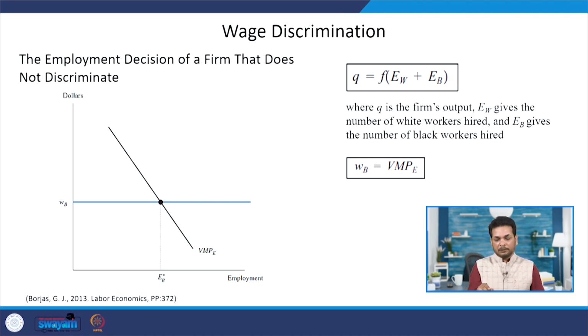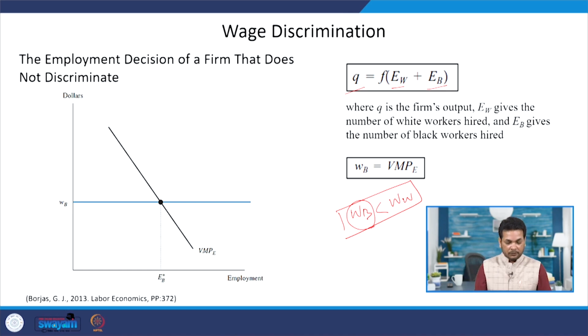We have taken the production function, where output is a function of both the number of white workers and the number of black workers, and the wage rate of black workers is less than the wage rate of white workers. So, in that case, the firm is going to hire only black workers. If you look at this graph, on the y axis we have taken employment, on the x axis we have taken wage.